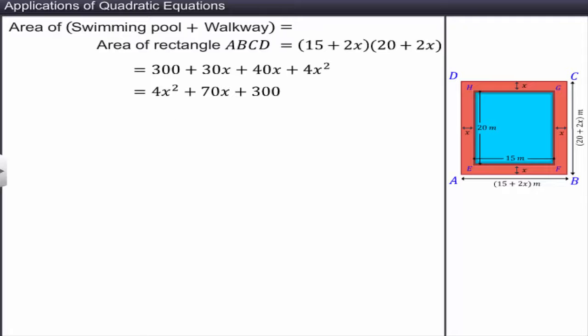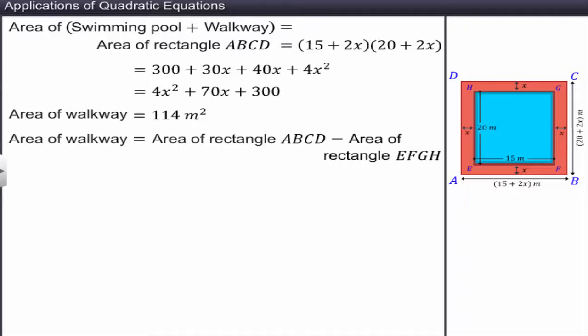We are given that the area of the walkway is 114 square meters. This is equal to the area of the swimming pool plus walkway minus the area of the swimming pool. On substituting the values, we get the expression as shown.